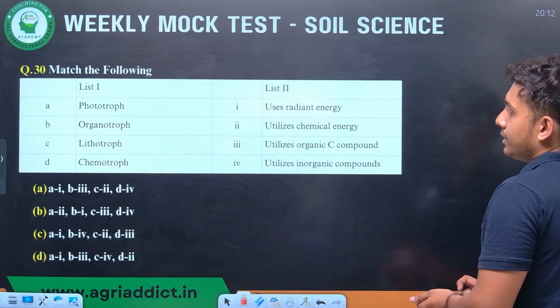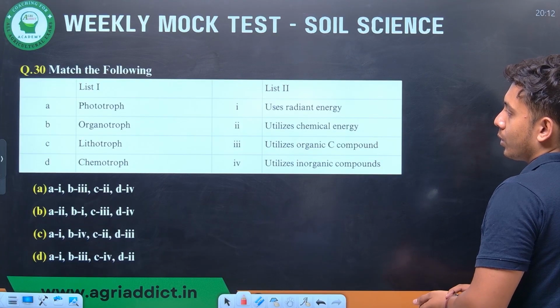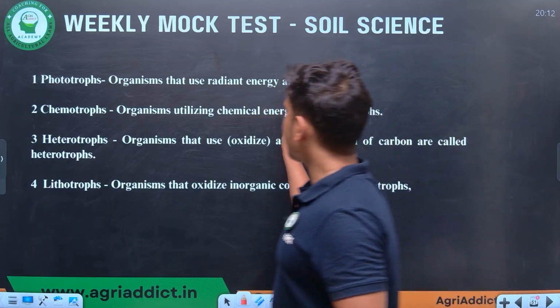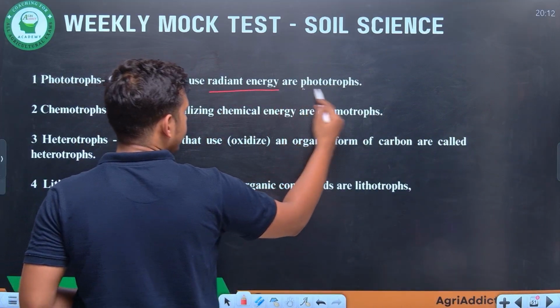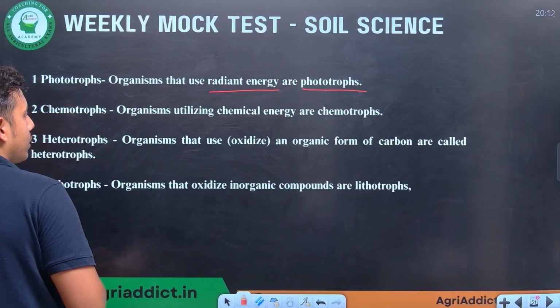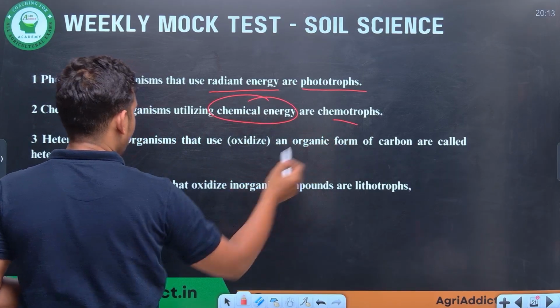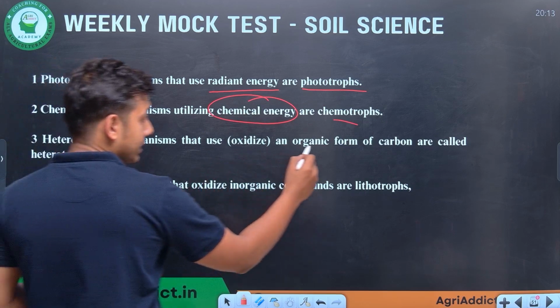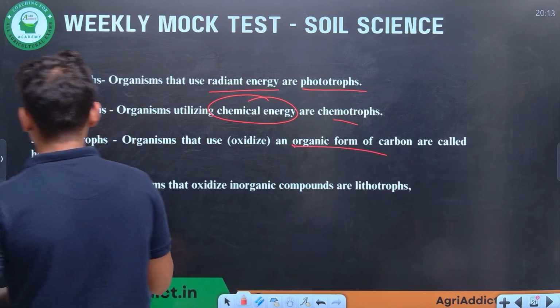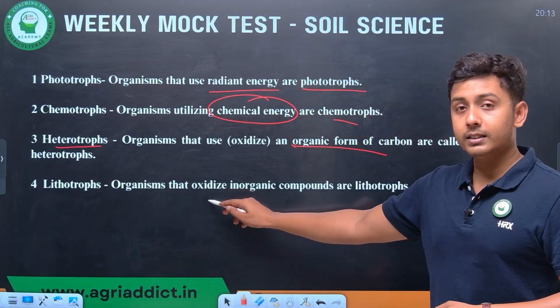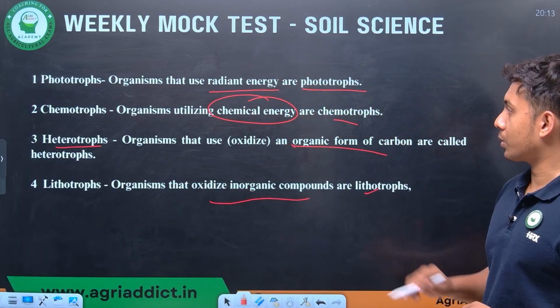Now the list: phototroph, organotroph, lithotroph, chemotroph. First we learn it. Phototroph is an organism that uses radiant energy. An organism that utilizes chemical energy is a chemotroph. An organism that oxidizes an organic form of carbon is called a heterotroph, and lithotrophs are organisms that oxidize inorganic compounds.